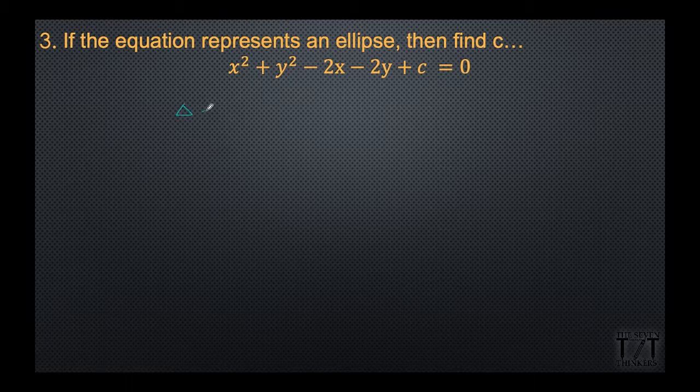So again, we'll write A, H, G; H, B, F; G, F, C. Now we're going to substitute the values, and this value should not be equal to 0.